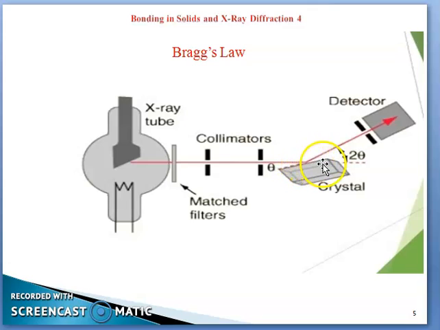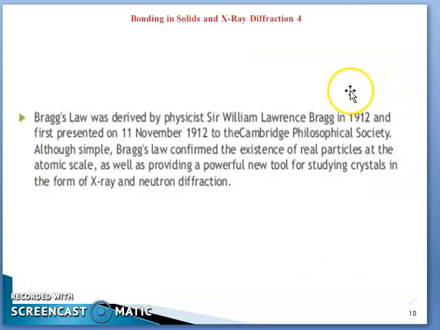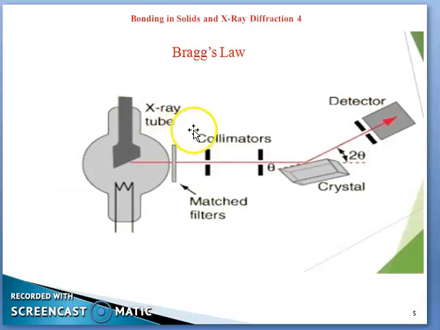and these X-rays, because of the presence of the crystal, instead of moving in the straight forward direction, they deflect, they diffract, and they form an angle of 2 theta. And here a detector is utilized, which detects the nature and structure of the crystal.